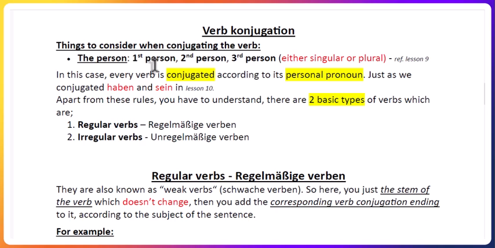We have first person pronoun, second person pronoun, third person pronoun. And you have to know which pronoun is singular and which is plural. I talked about all of this in lesson 9. In this case, every verb is conjugated according to the personal pronoun.